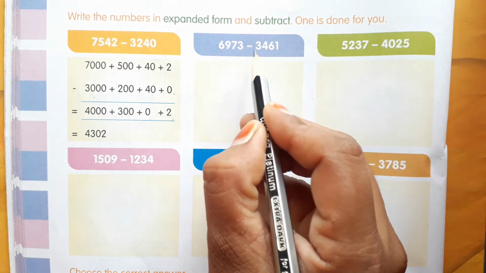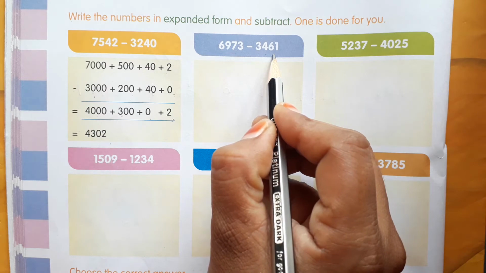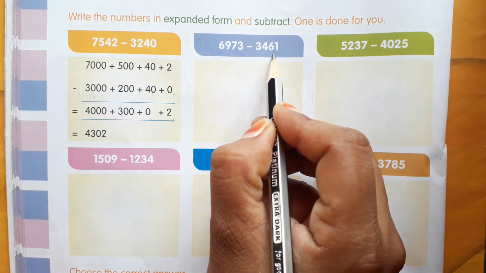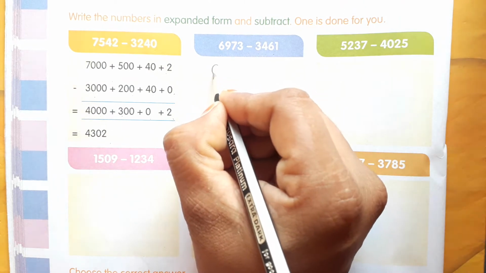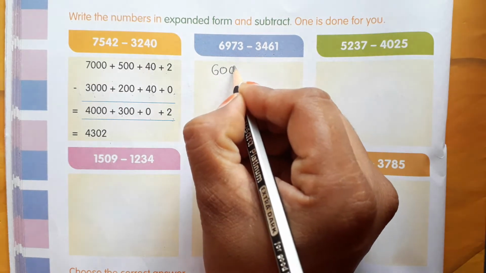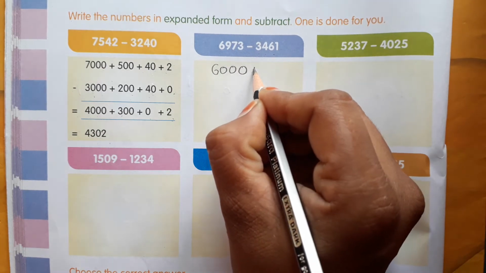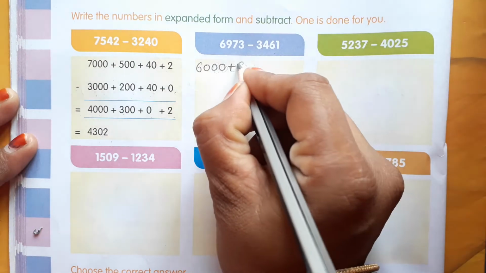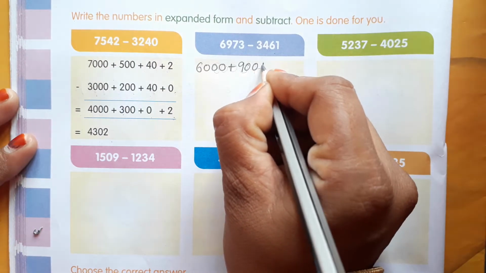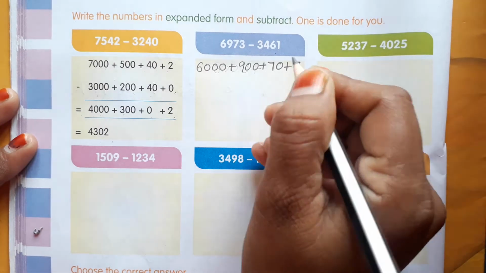6973 minus 3461. So first write the expanded form for these numbers. What is the first one? 6973. So 6000 plus next 900 plus 70 plus 3.